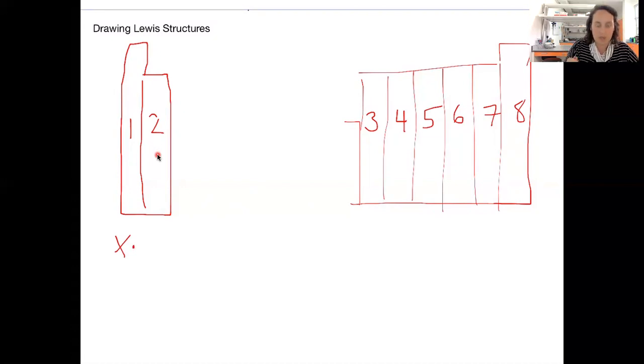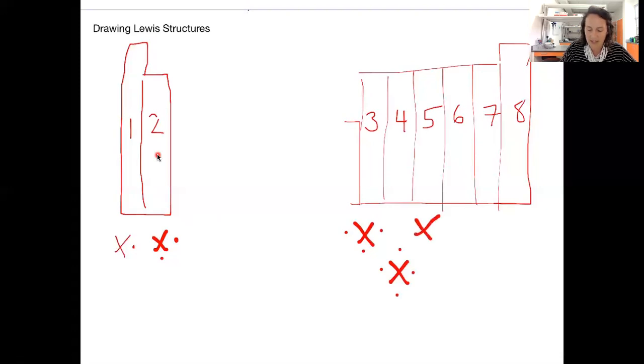If it's anything in group 2, guess what? It has 2 dots. So 2 electrons in its valence. If it's in group 3, guess how many it has? Yep, you'd be right, 3 valence electrons. If it's in group 4, it would have 4 valence electrons. If it's in group 5, it would have 5 valence electrons.